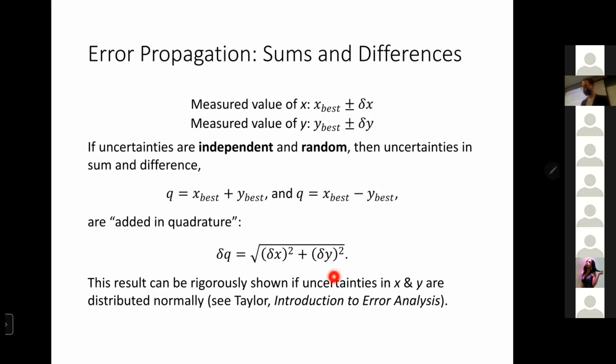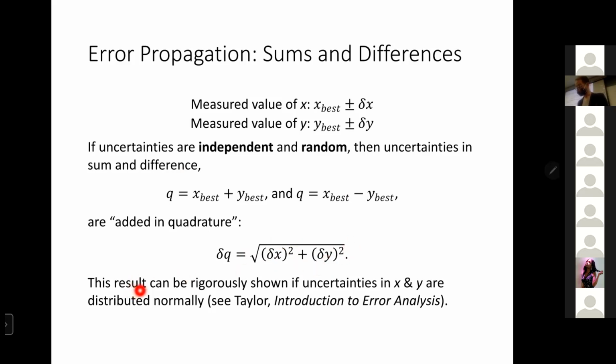That's just a fancy way of saying that you use this formula to calculate the uncertainty in q. The way you can remember it is it looks a lot like the Pythagorean formula for the hypotenuse of a triangle with legs of length delta x and delta y. You take the square of delta x plus the square of delta y, and then take the square root of the whole thing.